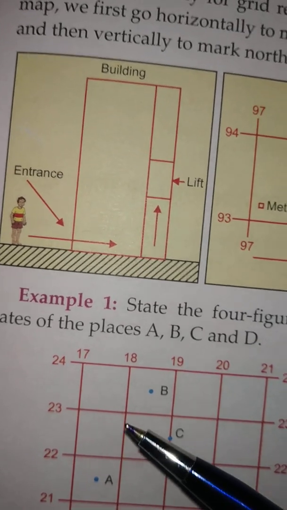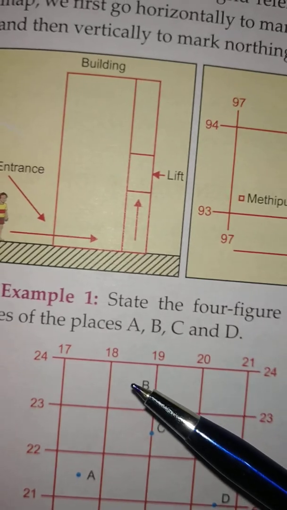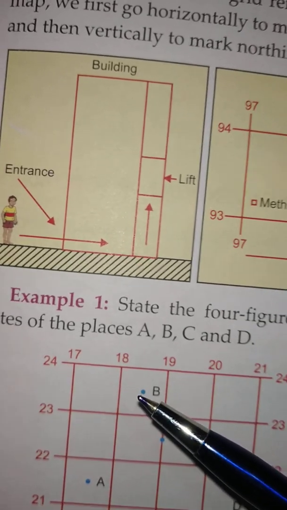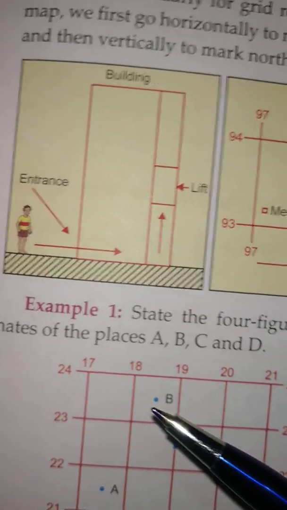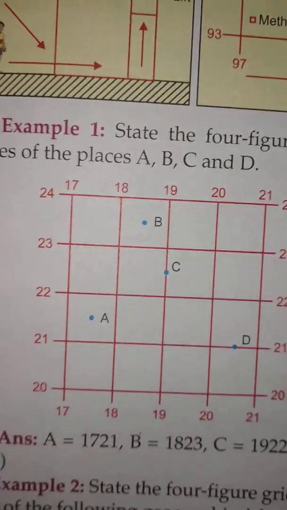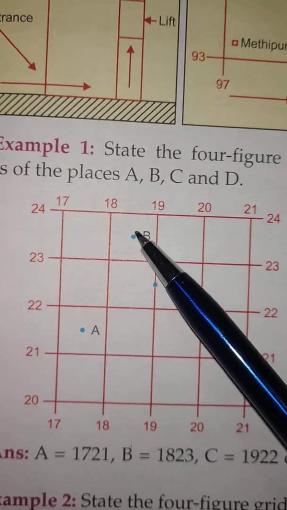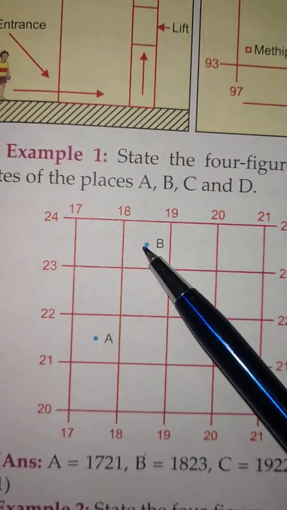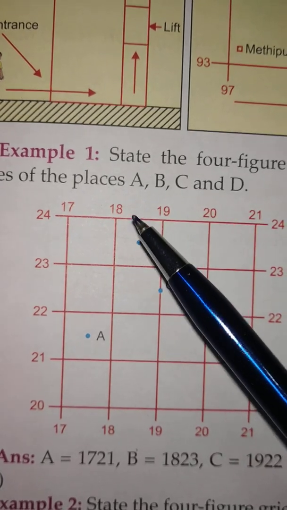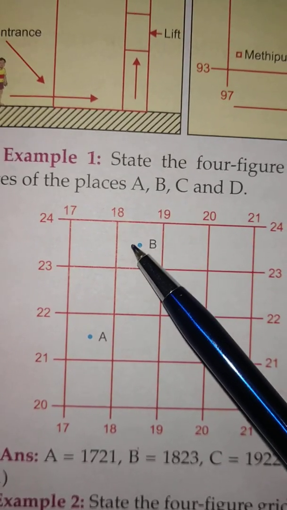Alright, but we need the exact location of this point B, and for that we need a 6-figure grid reference. So to find out the 6-figure grid reference, we have to divide this grid exactly into 10 equal parts. How many parts? 10 equal parts.